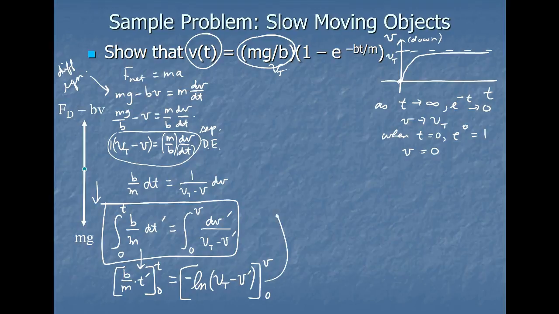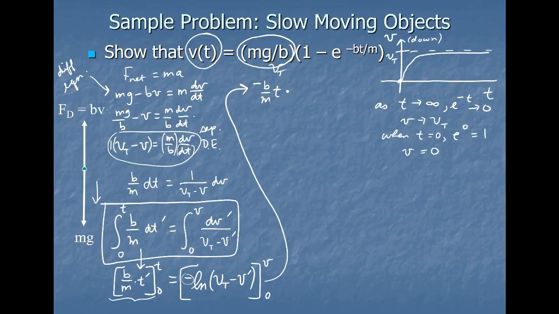So now let's continue, and we'll come up to here. So b over m times t prime evaluated from 0 to t is just going to be b over m times t. But this negative sign here, I can bring to the other side and put it on this.